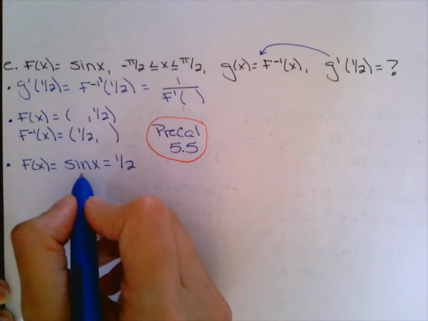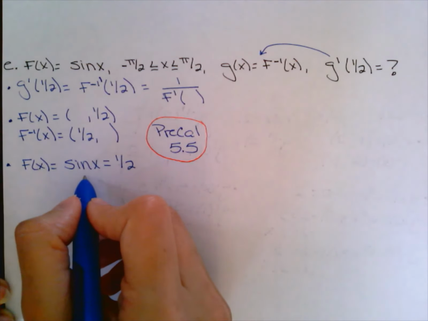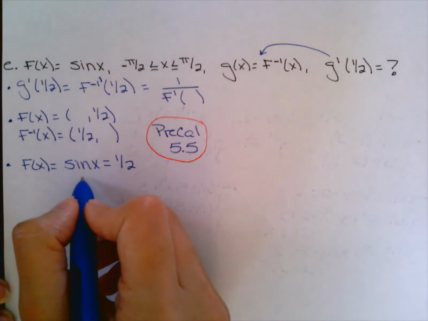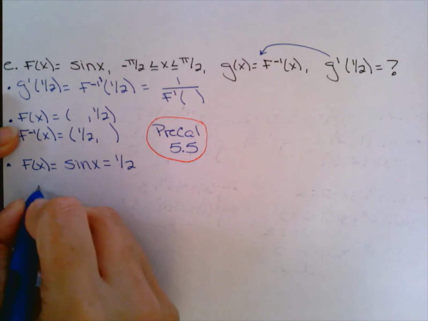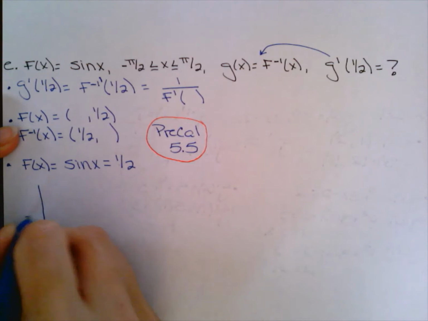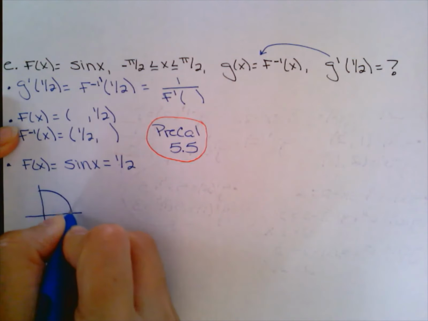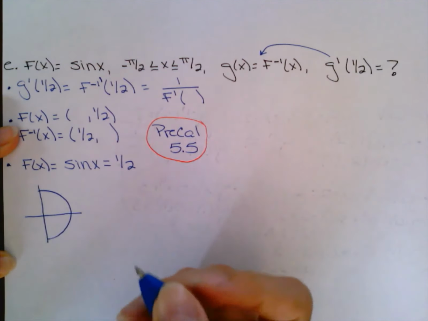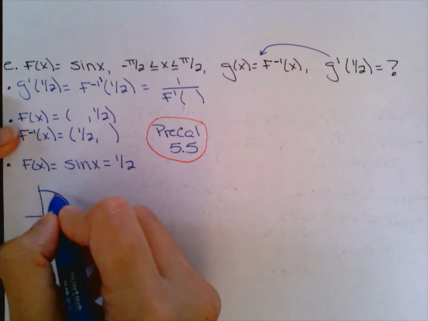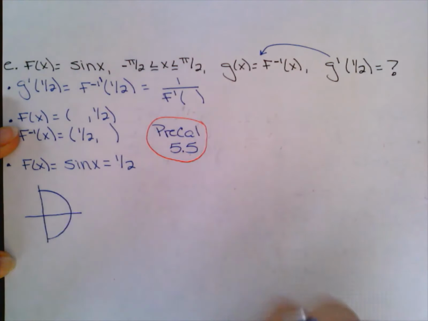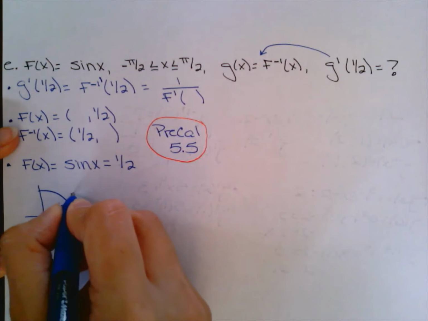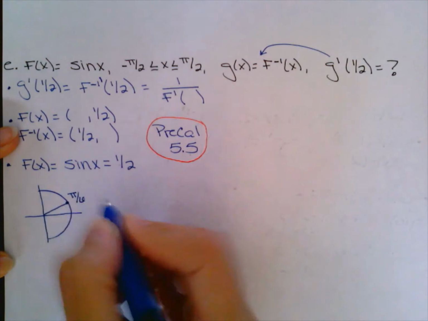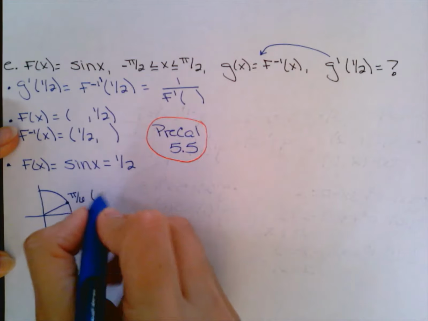Well, whenever we're solving inverse functions for trig, sine and tangent, we look at the right side of the unit circle, and cosine, we look at the top. So if I am looking at the right side of my unit circle, I know that sine is my y values, and my y values are positive on the top in quadrant 1. And I know that at pi over 6, if you need to pull out a unit circle, do so, but I hope if you're taking my AP class, you have this memorized.